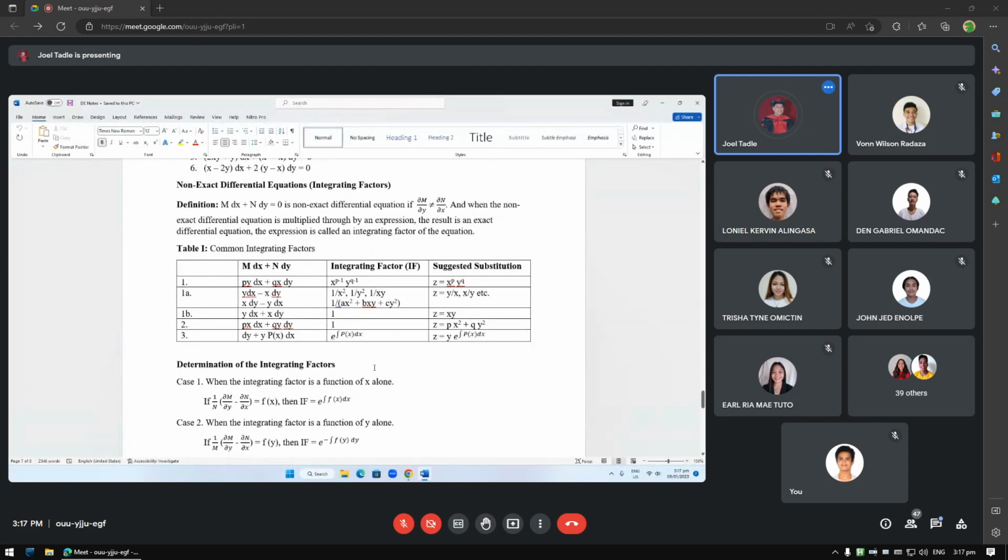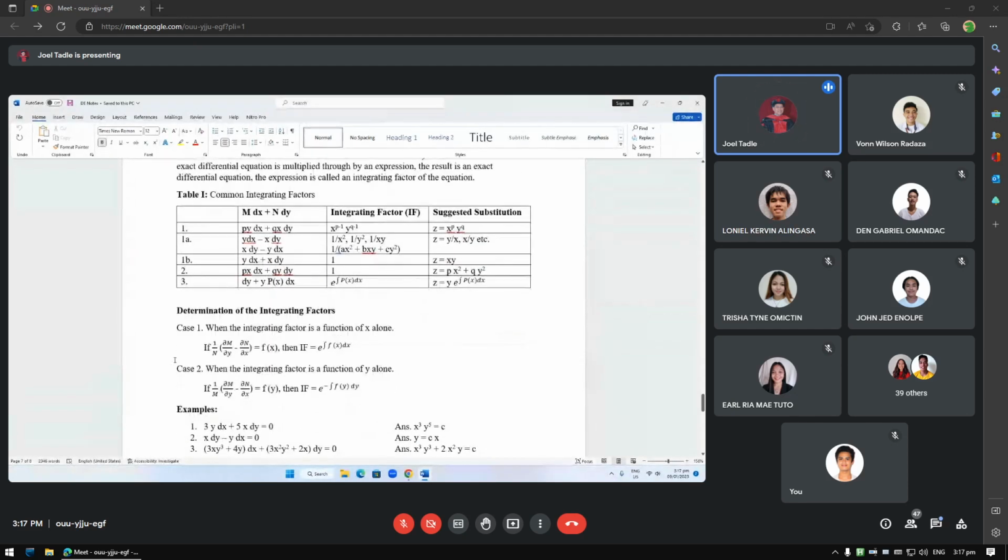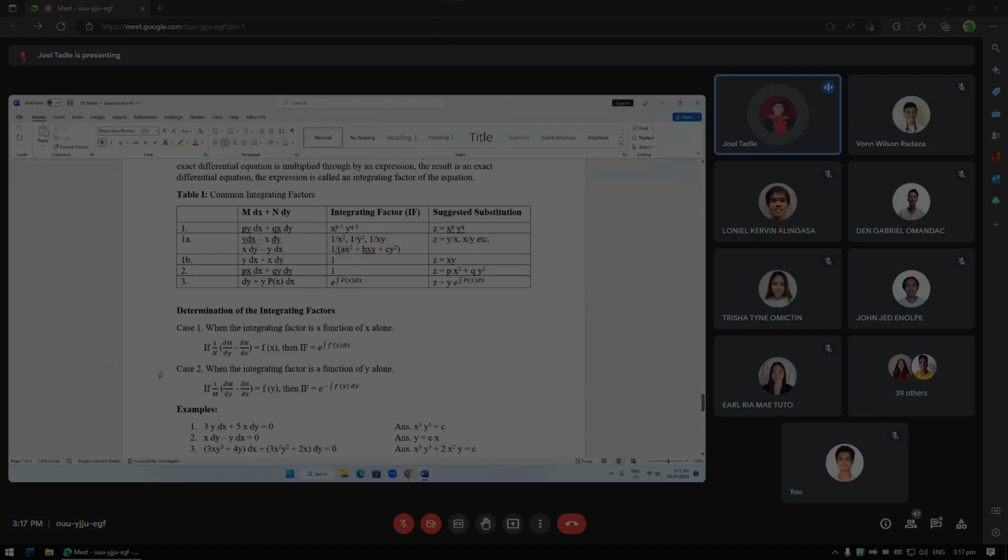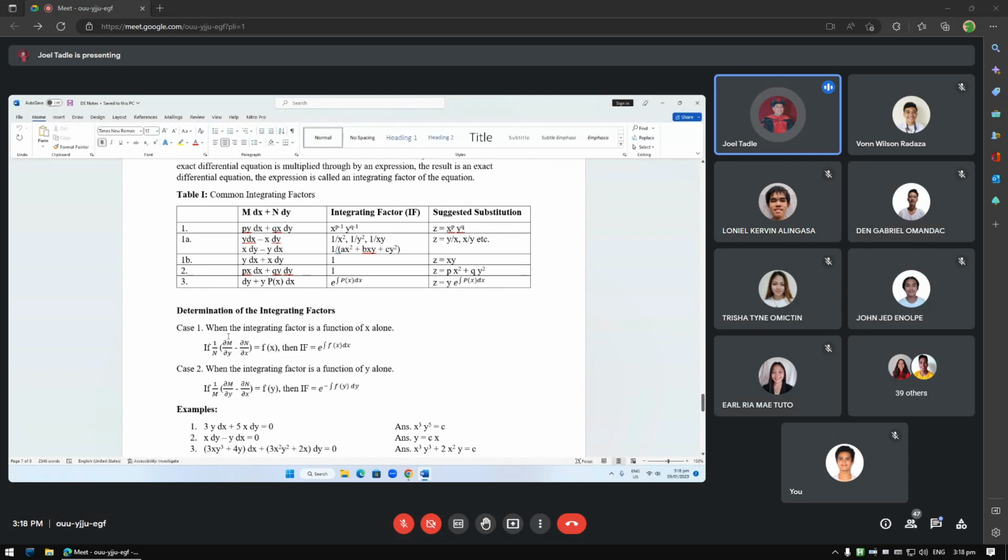Then to determine the integrating factors, we have two cases here, take note. Case 1, when the integrating factor is a function of x alone, then case 2, when the integrating factor is a function of y alone. So this is the theorem. For case 1, if 1 over N times the quantity partial derivative of M with respect to y minus partial derivative of N with respect to x is equal to f of x, then the integrating factor IF is equal to e to the integral of f of x dx.